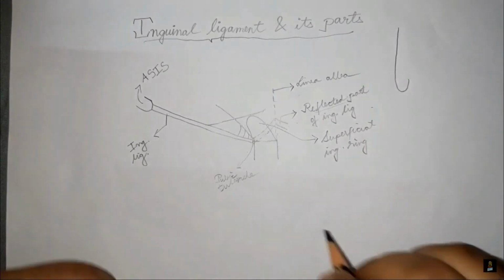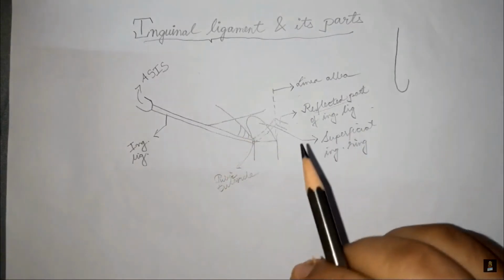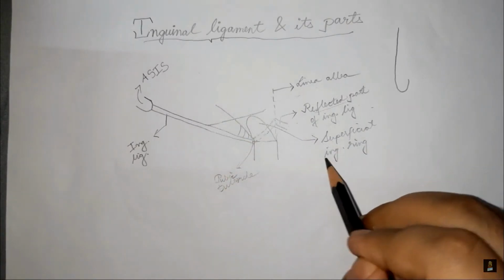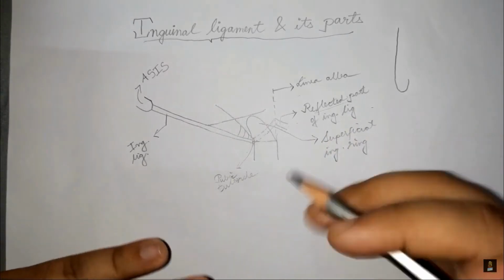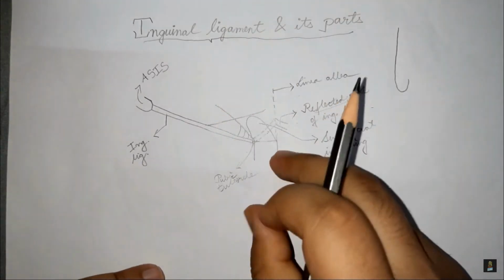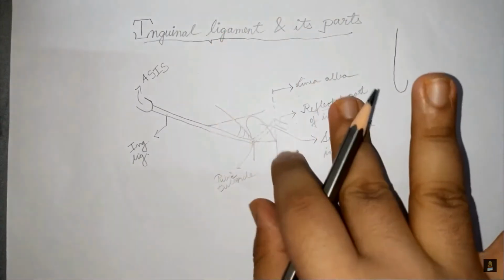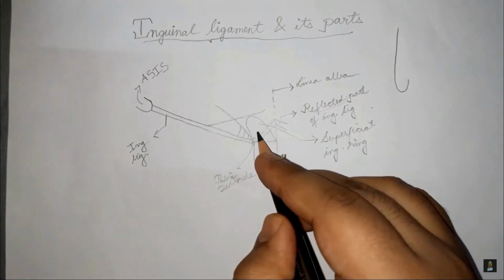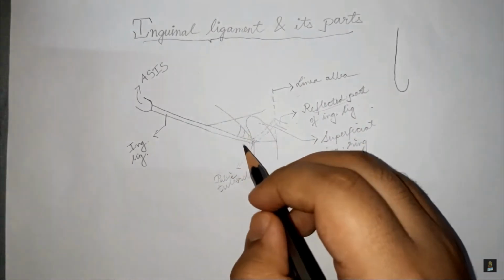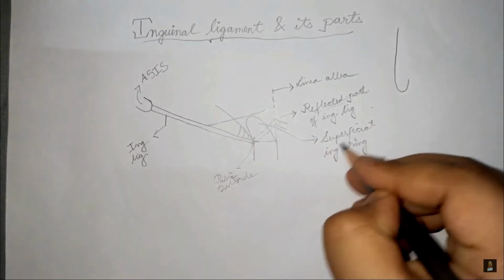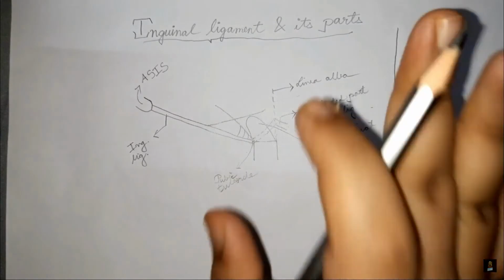As I mentioned previously, the superficial inguinal ring is an opening, a gap in the external oblique aponeurosis, present just superolateral to the pubic symphysis, and it serves as the outlet for the inguinal canal. We'll talk about it in just a bit.